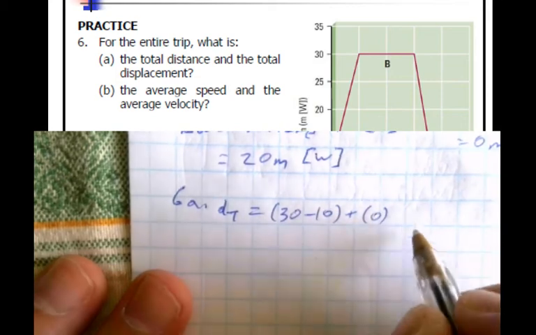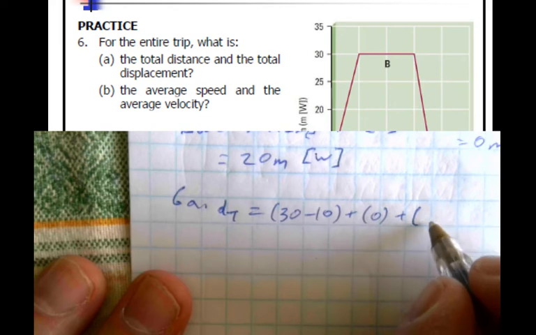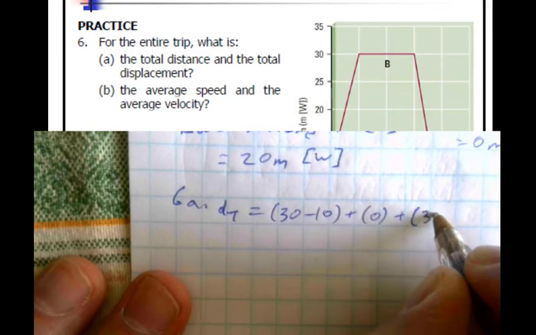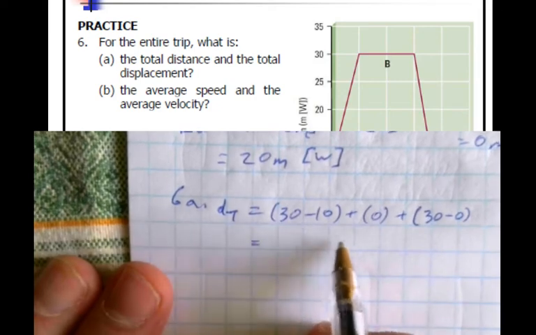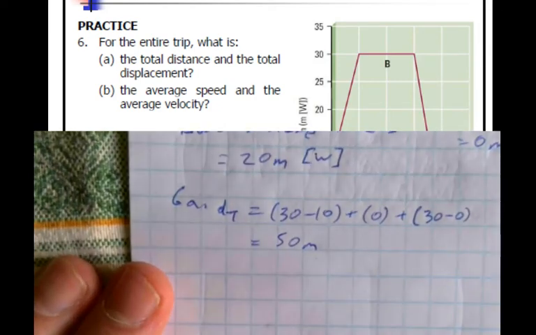During line segment B, we don't have any travel. During line segment C, we end up at 0, but we travel from 30 to 0. So altogether, this is 20 plus 0 plus 30. We have 50 meters of travel.